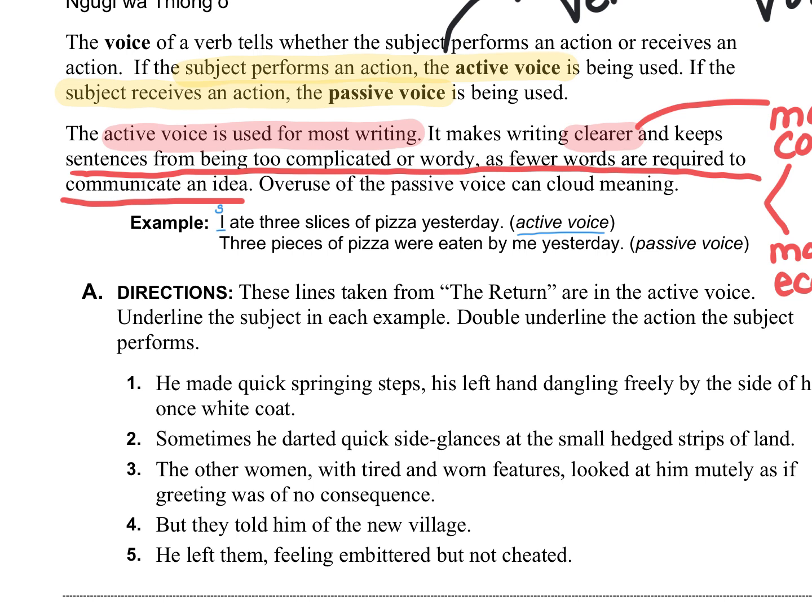Okay, so hopefully you said, well, the subject, I, is doing something. What did I do? I ate. And is ate an action verb or a linking verb? Because it's doing something that is action. AV is action verb. Okay? If you have an action verb, it's active voice. Action verb, active voice.